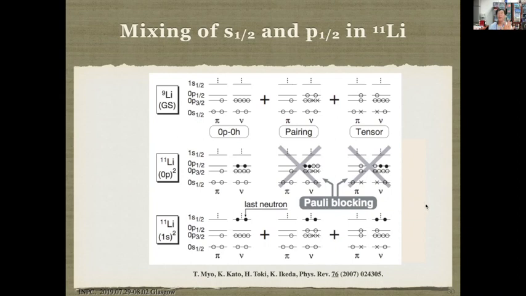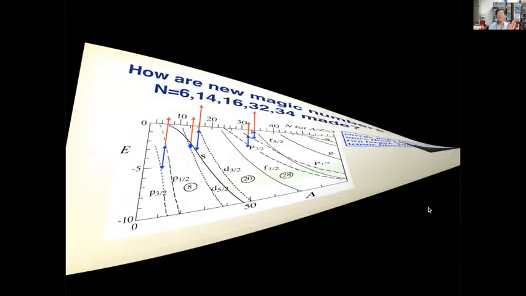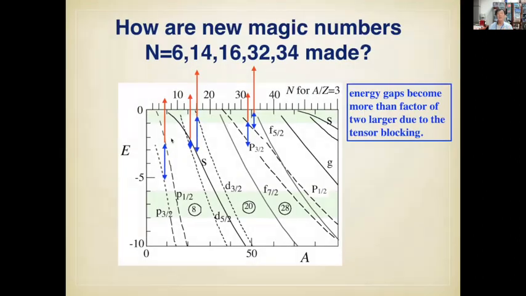I come back, and if I have time, I could show you more examples, but I'll just skip. For more examples, the other magic numbers can be explained with the same mechanism.